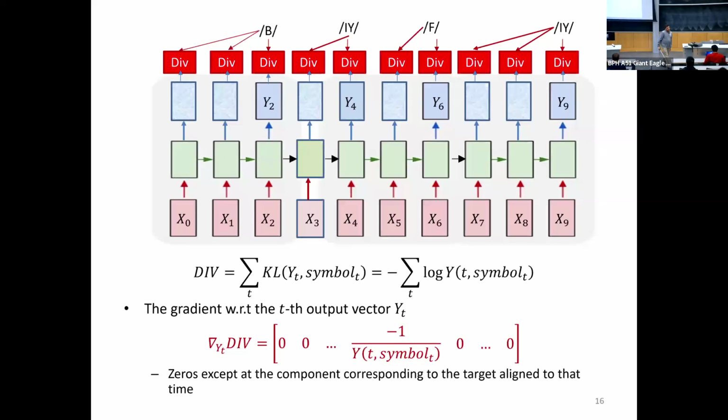If I were to take the derivative of this divergence with respect to the output of the network at any time, then that's simply going to be zeros for all the symbols that are not the target symbol. And for the target symbol alone, the derivative is going to be -1 over the probability assigned to the symbol. And you can see again, this is just your standard derivative of the KL divergence. We've seen this back in lecture 3.